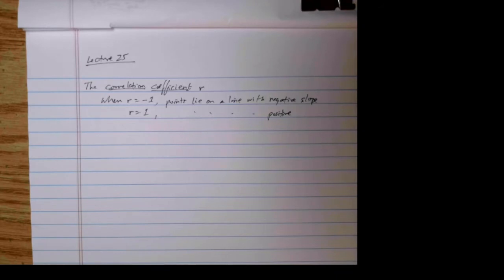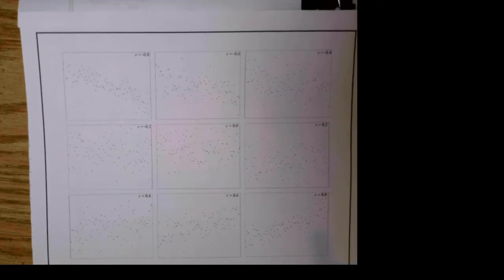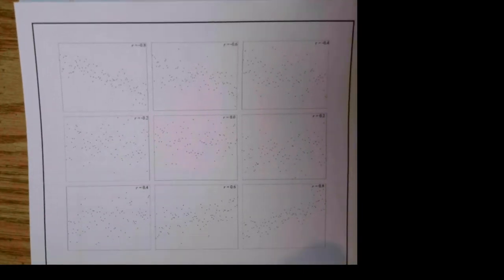We will actually compute R with a calculator, and I'll do a little example of that later. But we want to get an idea of what it means. So first we're going to show pictures and then talk more about what it means. Okay, so when R is -1, the points are just going to line right up on a straight line.